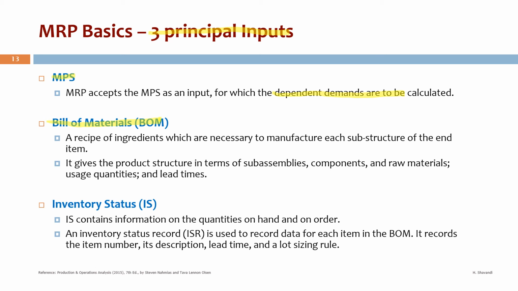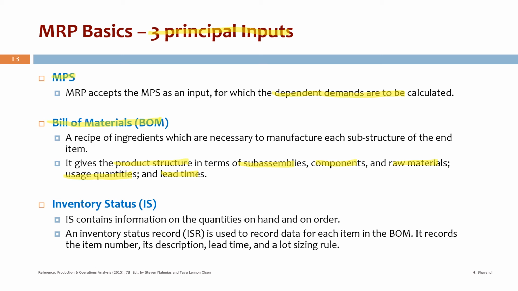Based on this product structure, we will have the sub-assemblies, components, raw materials, and usage quantities, how many of those parts are needed for one end item, and also lead times in order to prepare or produce those sub-components.